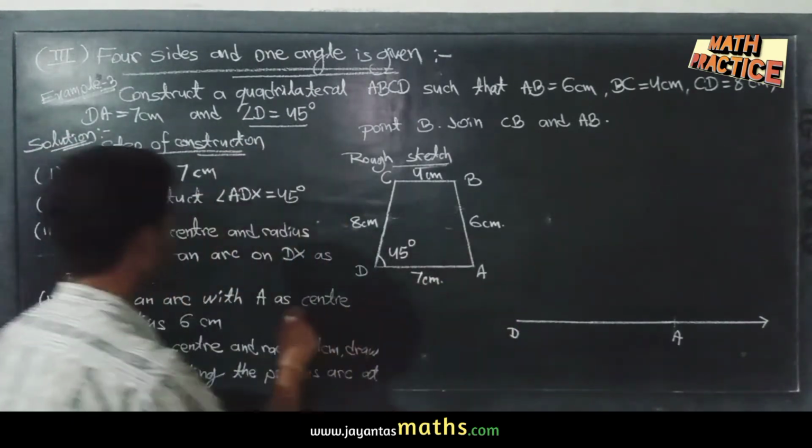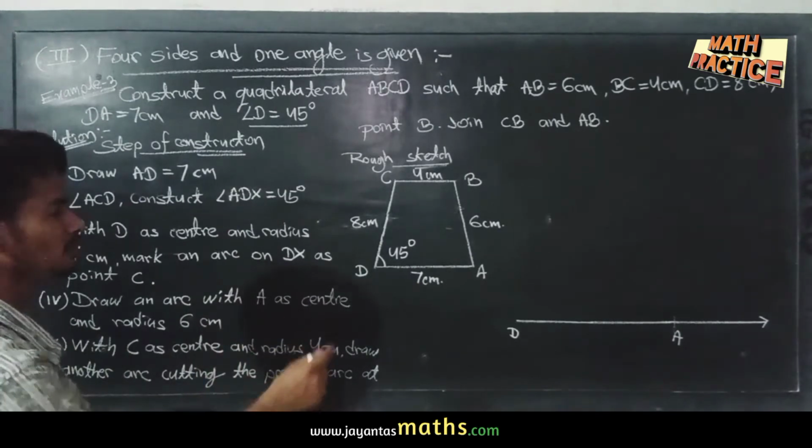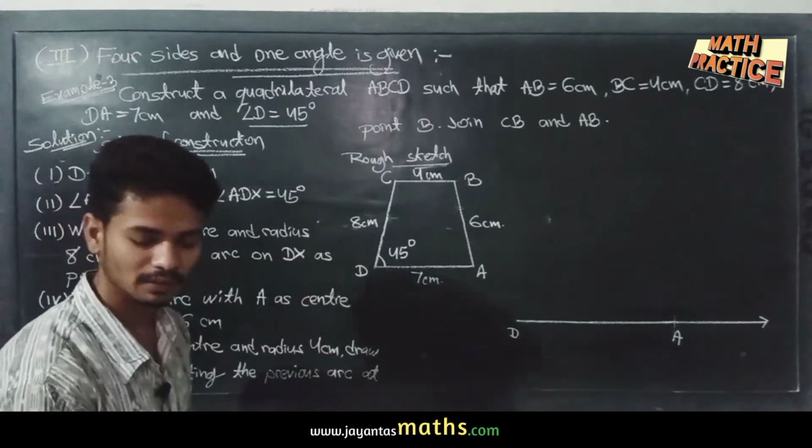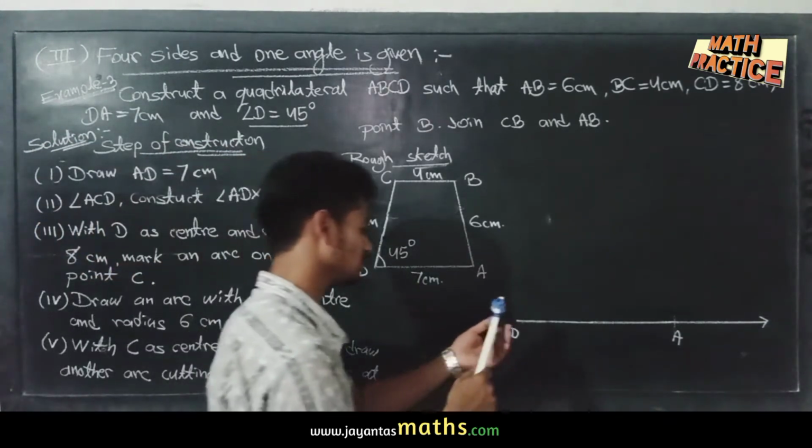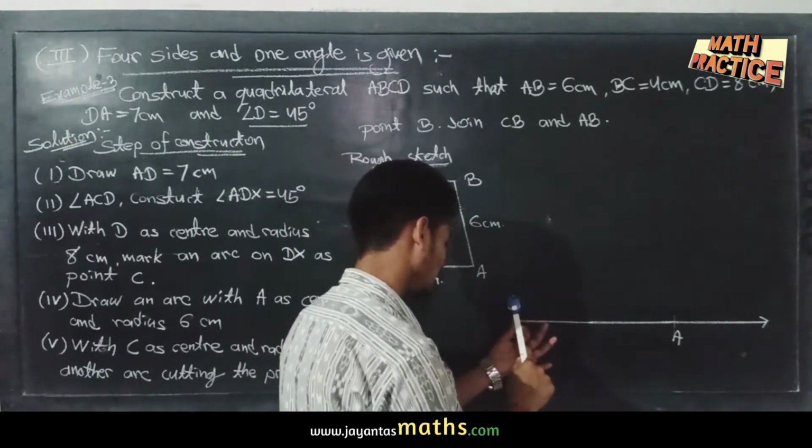Now at the point D we construct a 45 degree angle. It means first we construct the 90 degree angle here.